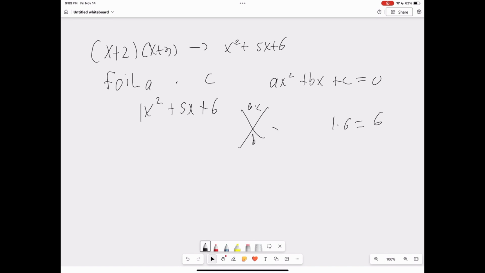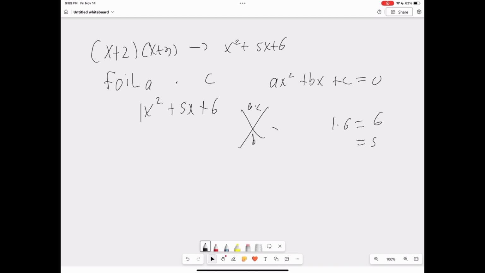So you have two numbers that multiply to a times c, but also at the same time add to b. What does that mean? It's two numbers that you're doing two operations with. You're multiplying and you're either adding or subtracting. What does that mean?